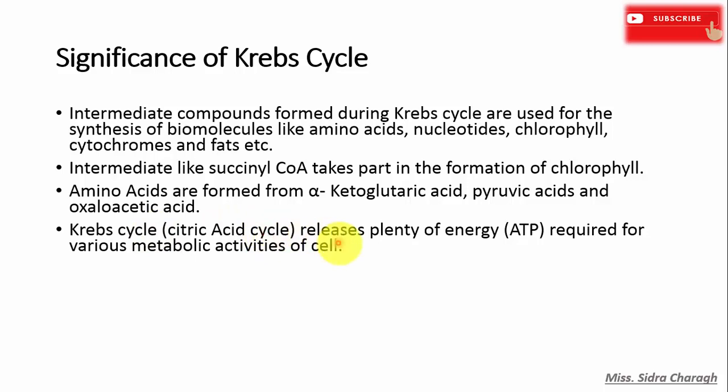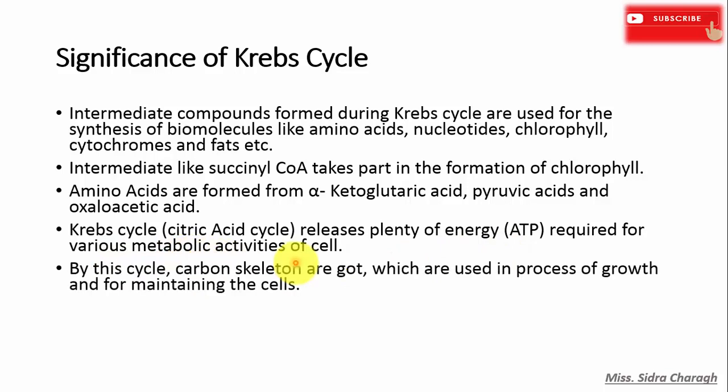The Krebs cycle also releases plenty of energy, ATP, that is required for various metabolic activities of the cell. And by this cycle, carbon skeletons are obtained, which are used in the process of growth and maintaining the cell. So it's all about the Krebs cycle.